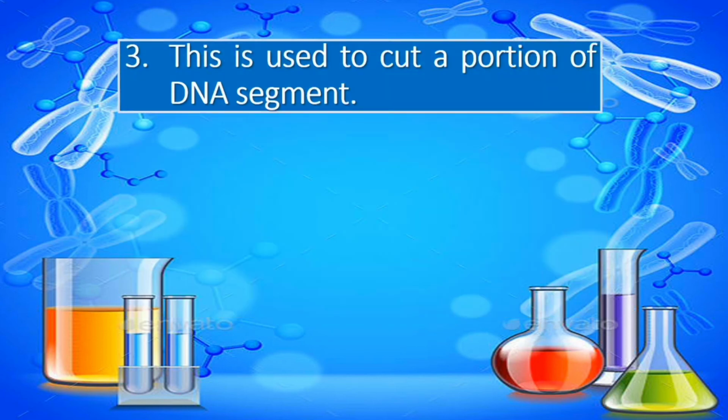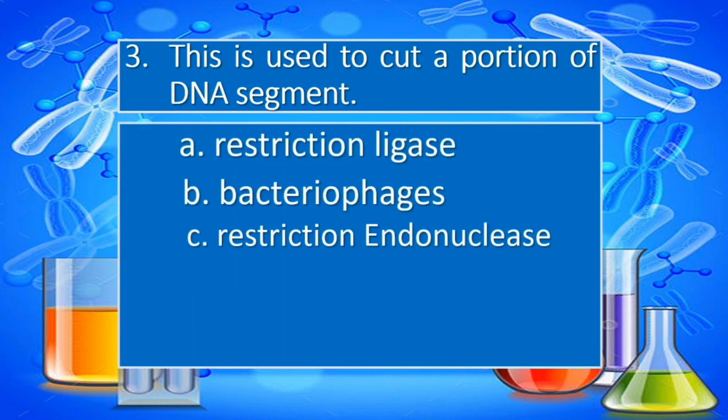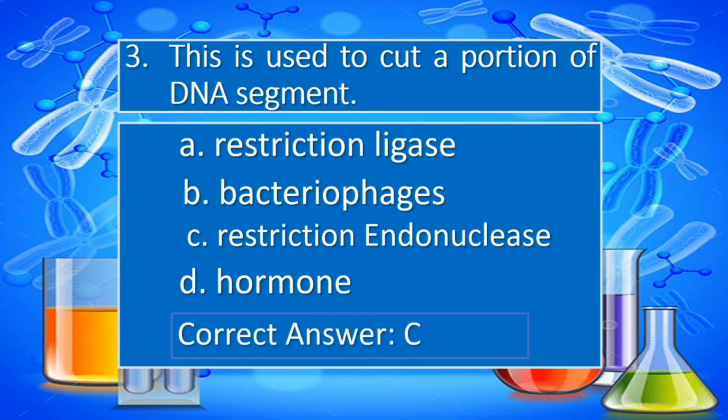This is used to cut a portion of DNA segment. A. Restriction ligase, B. Bacteriophages, C. Restriction endonuclease, or D. Hormone? The correct answer is letter C, restriction endonuclease.